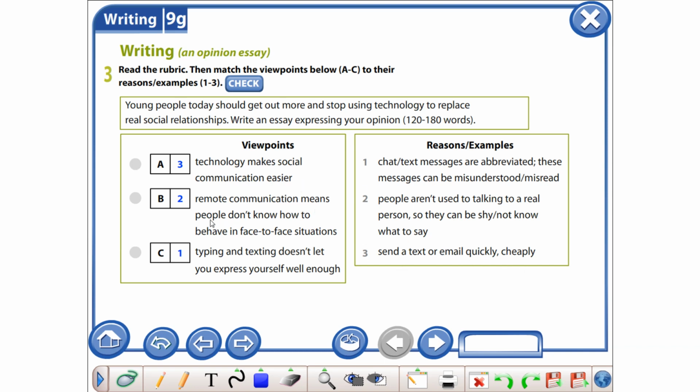Remote communication means people don't know how to behave in face-to-face situations. People aren't used to talking to a real person, so they can be shy, not know what to say. Typing and texting doesn't let you express yourself well enough. Short text messages are abbreviated. These messages can be misunderstood, misread.